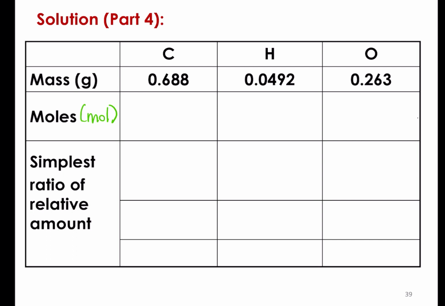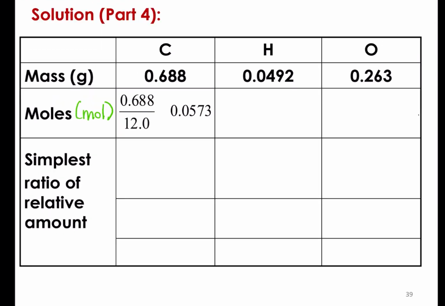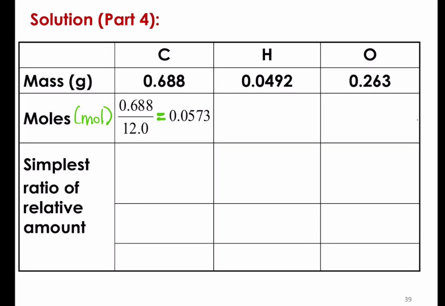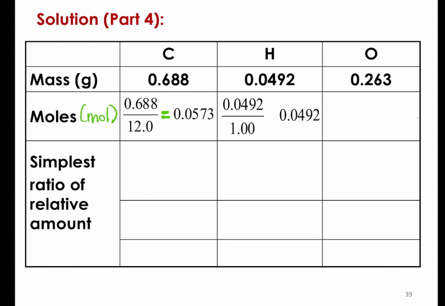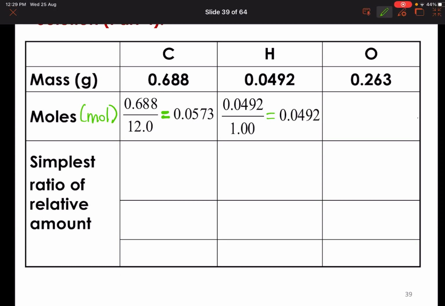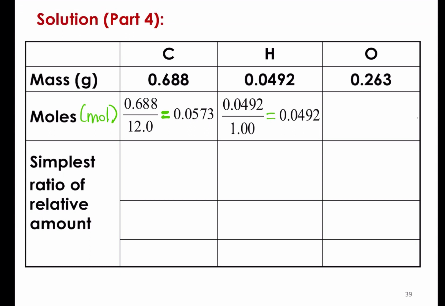So, next one, I want to calculate the number of moles. So, I will have number of mole for carbon is 0.0573, and I will have number of mole for hydrogen is 0.0492 over 1. So, this is the same value for my number of moles for hydrogen.